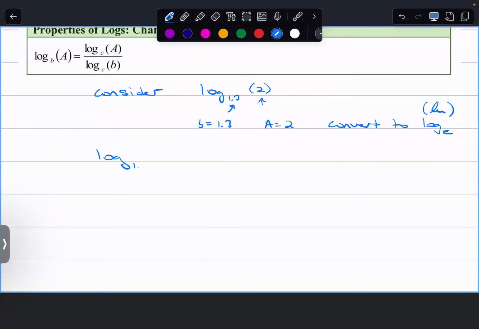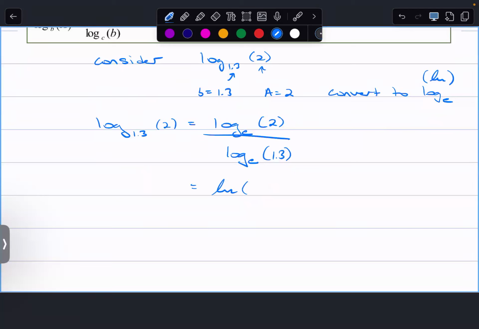So log base 1.3 of 2 is log base e of 2 over log base e of 1.3, which is the same as the natural log of 2 over the natural log of 1.3, which is the answer we found initially.